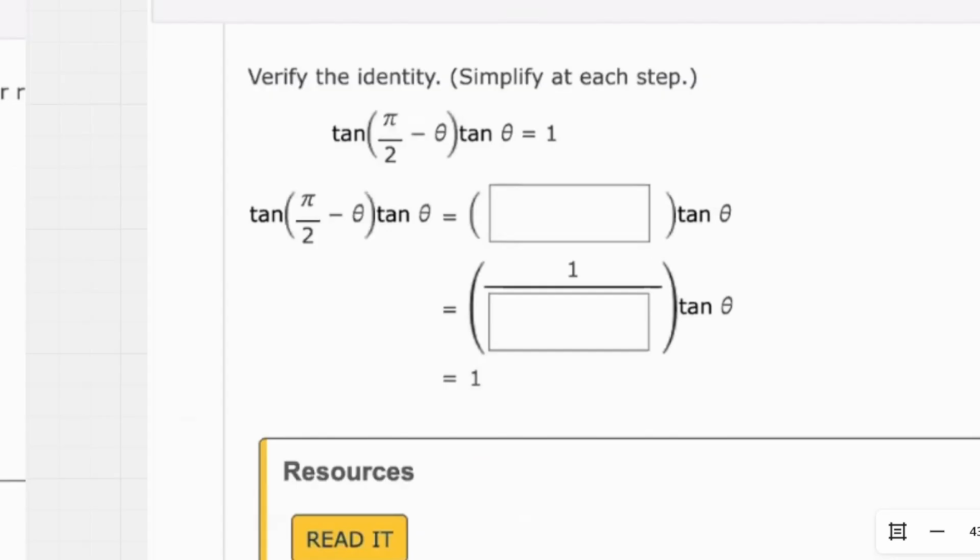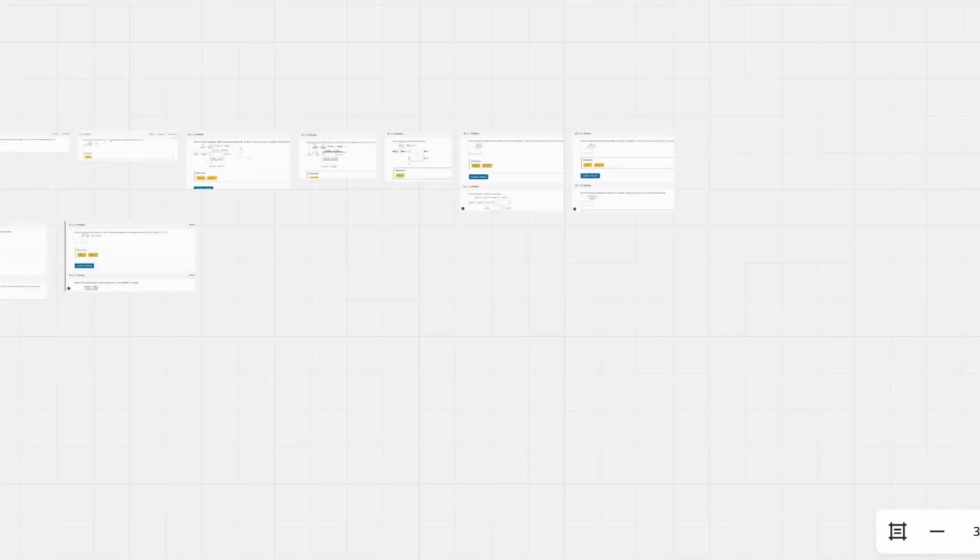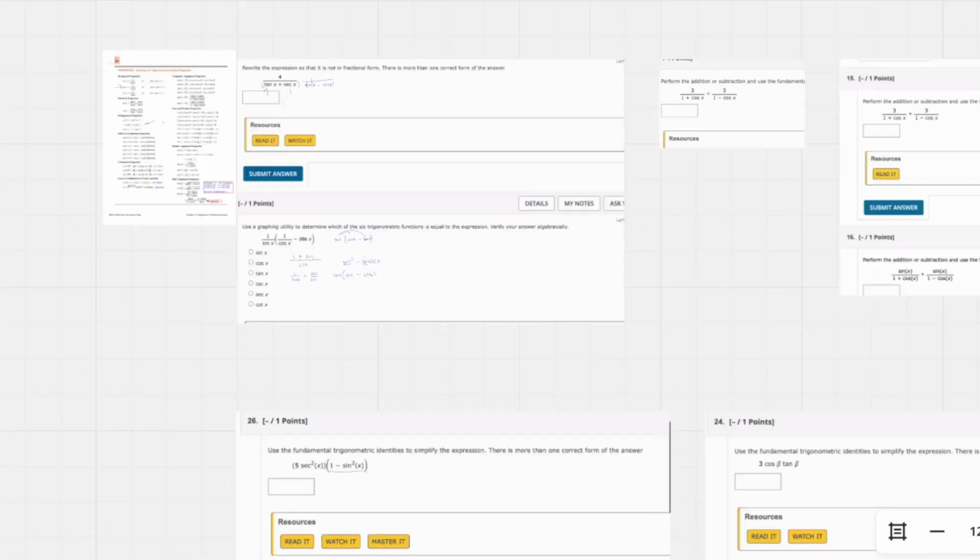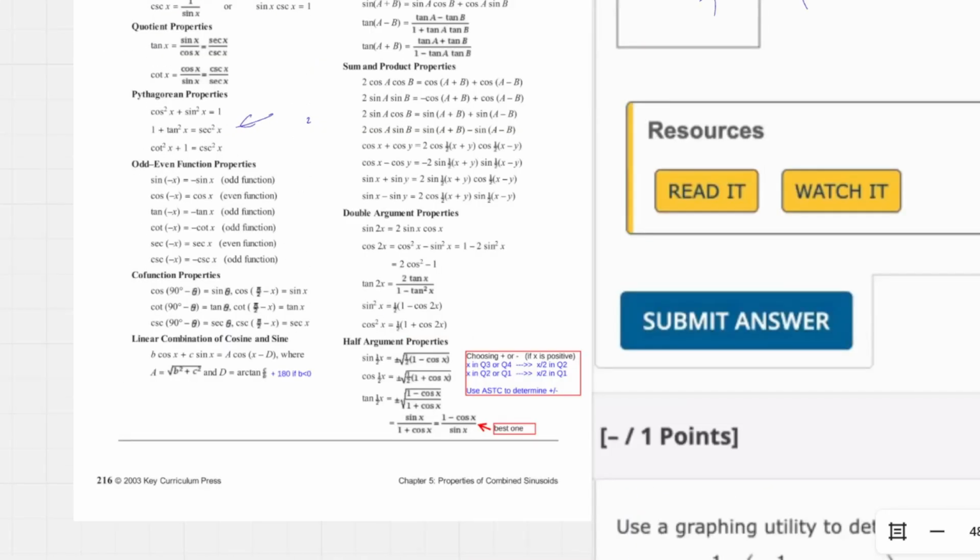All right, so here we're up to another identity. Not Pythagorean. If it's your first time seeing this, you probably wouldn't recognize it, but it's pretty distinct. There's a pi over 2 minus theta. Let's go back to our cheat sheet, or a formula sheet, which you should print out, or you probably have your own better version.